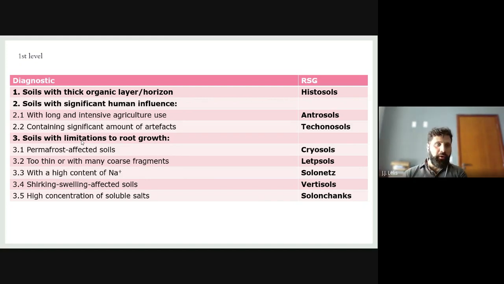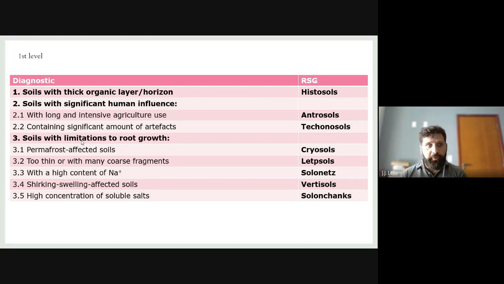And we also have soils that do not present a thick organic layer or a thick organic horizon. If the soils present a shallow organic layer or even no organic layer, and present a significant human influence, they could be two reference soil groups. They could be two types.